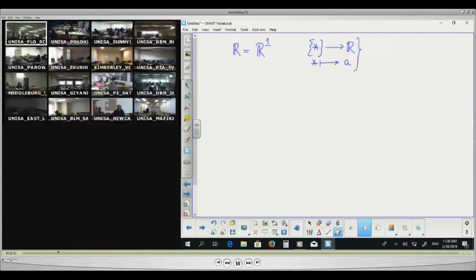What about R2? Well, you can think of this as a function from the two-valued set. Okay? Why? Well, you will tell me where 0 goes, and you will tell me where 1 goes.